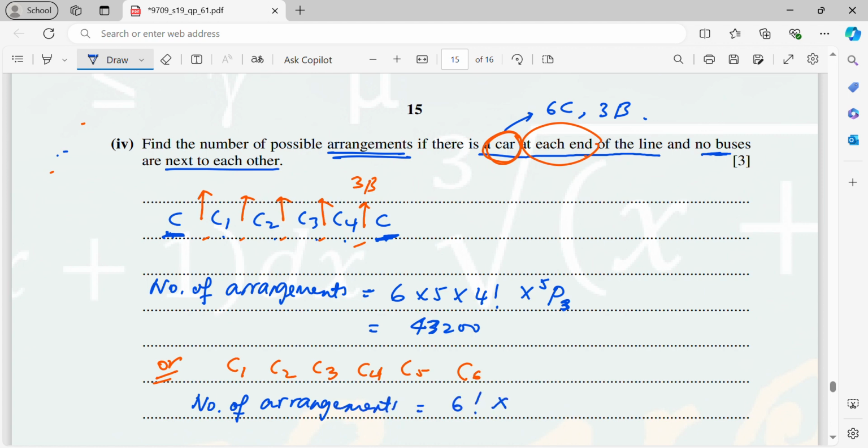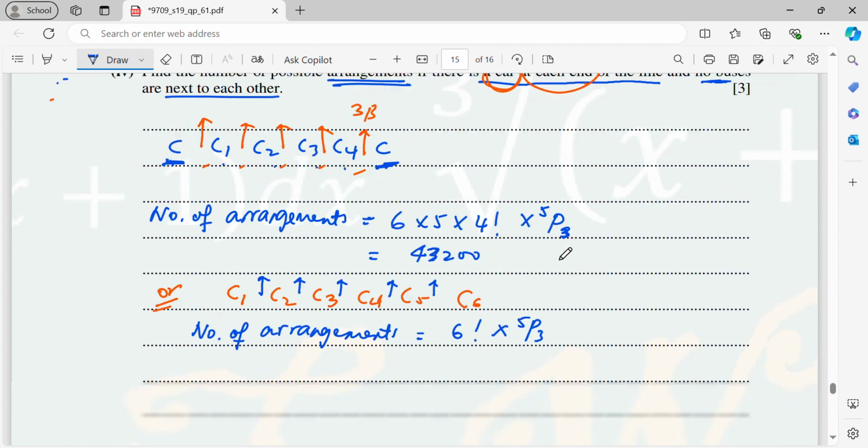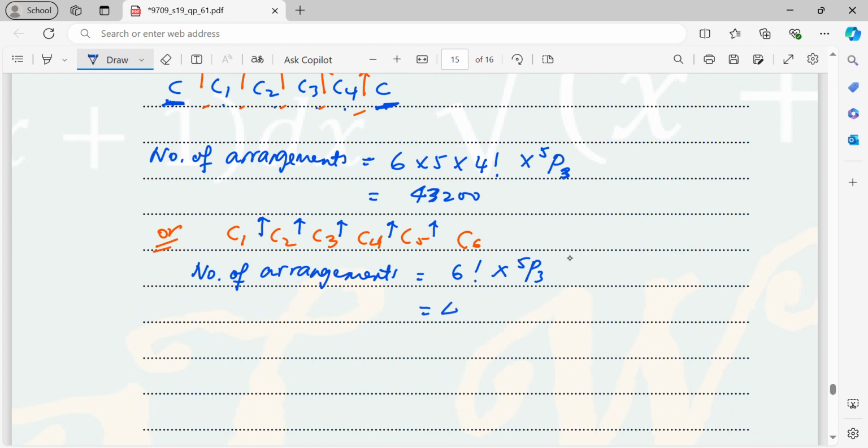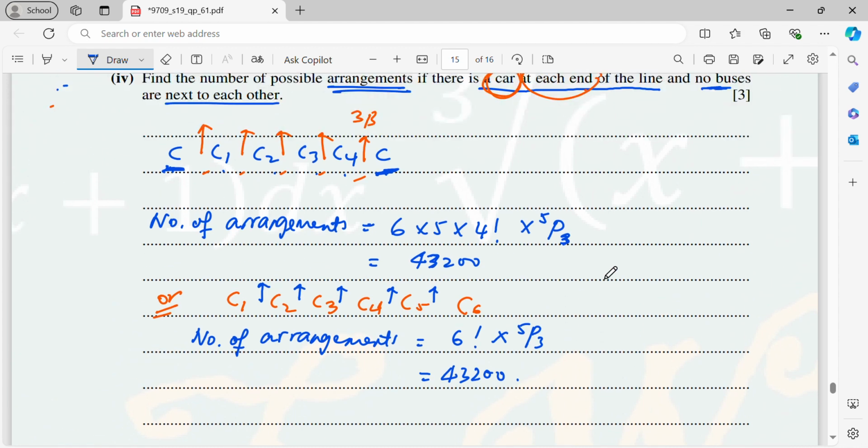Then followed by the buses. For the buses, the first slot cannot be accepted because the C must be at the end of the line. So all these are for the buses. So the buses will be 5P3. Then you will be getting the same answer. Basically, 6 times 5 times 4 factorial is 6 factorial. So it depends on how you solve this question.